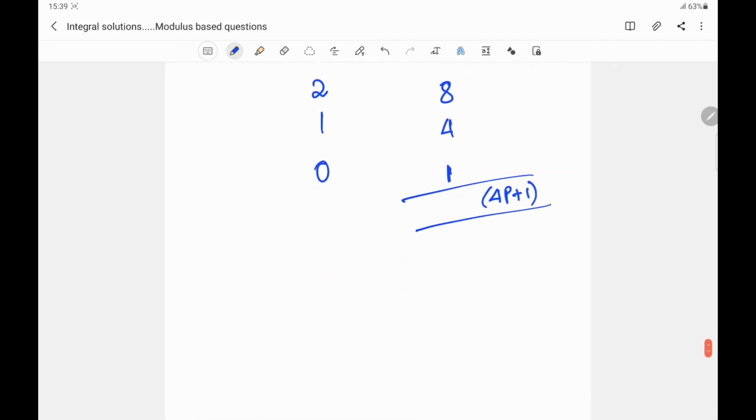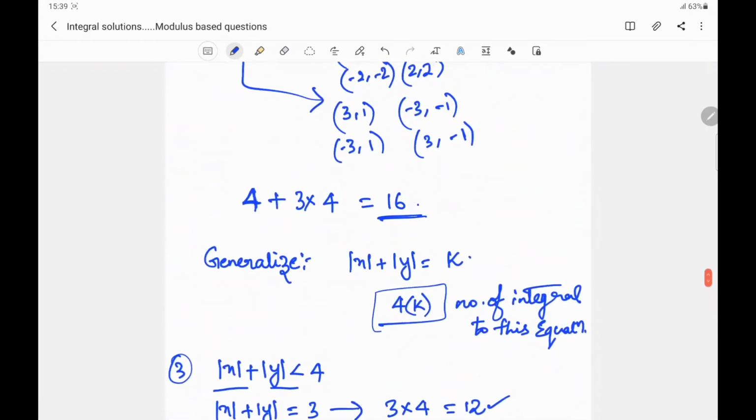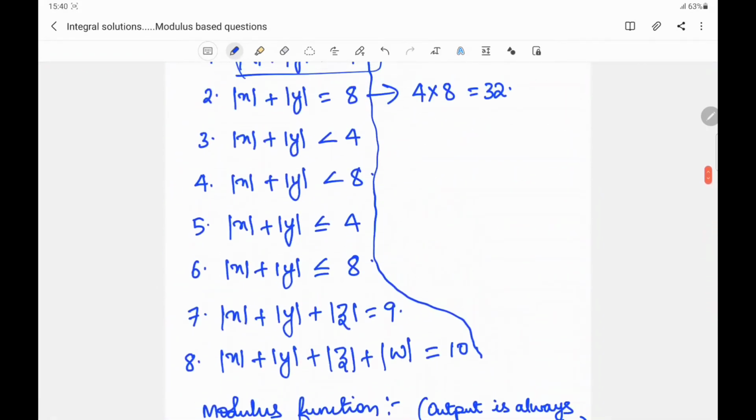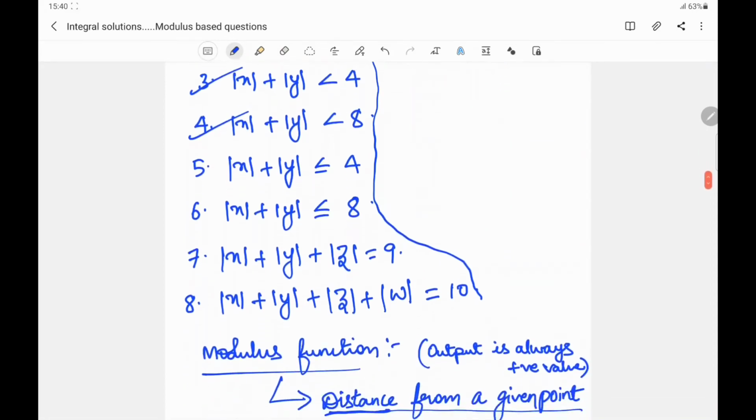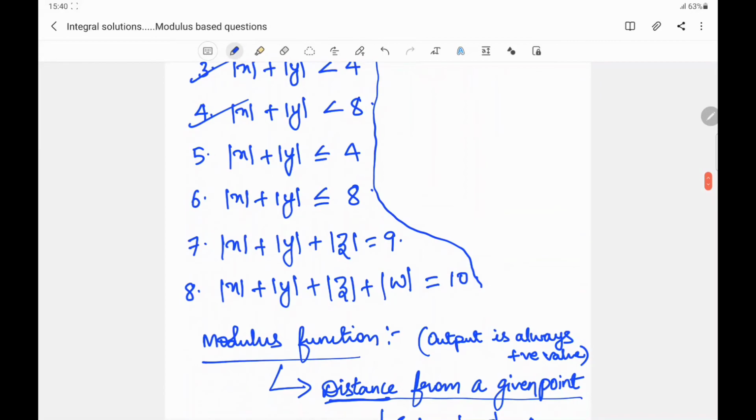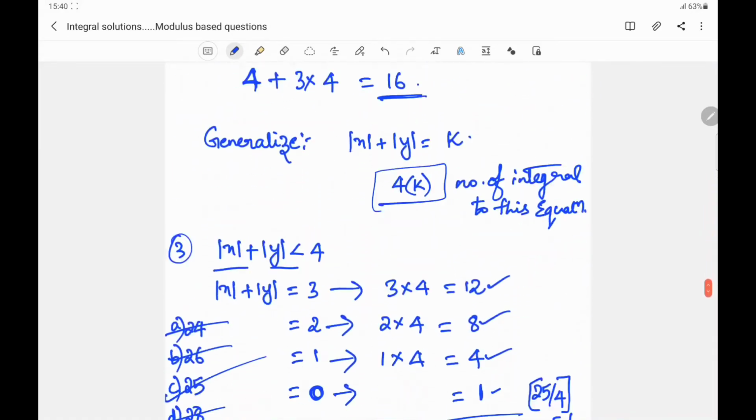Now let us look at the other question which we have written earlier. This we have covered so far. Now let us look at this: modulus of x plus modulus of y less than or equal to 4.